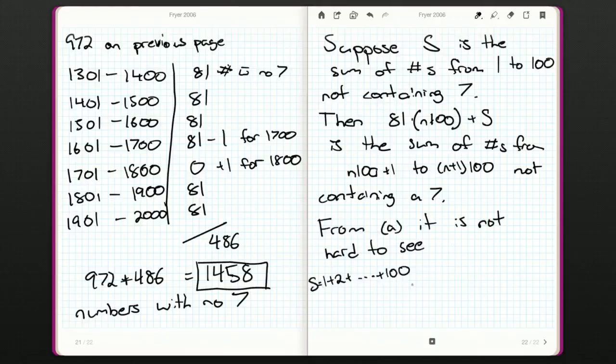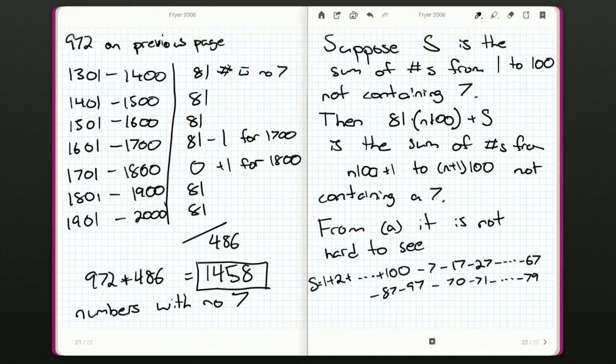So S is 1 to 100, minus 7, minus 17, minus 27, minus 67, minus 87, minus 97, minus 70, 71, through 79.